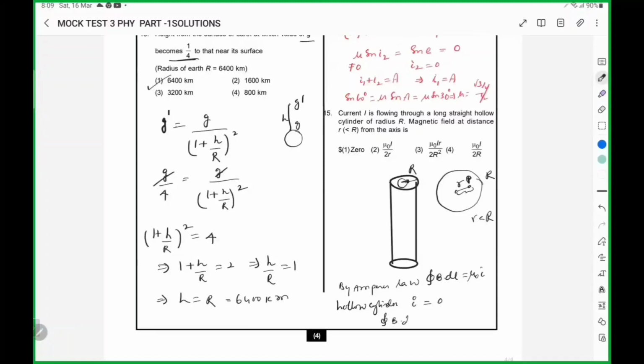So the magnetic field inside, at any point r less than R, will be 0.